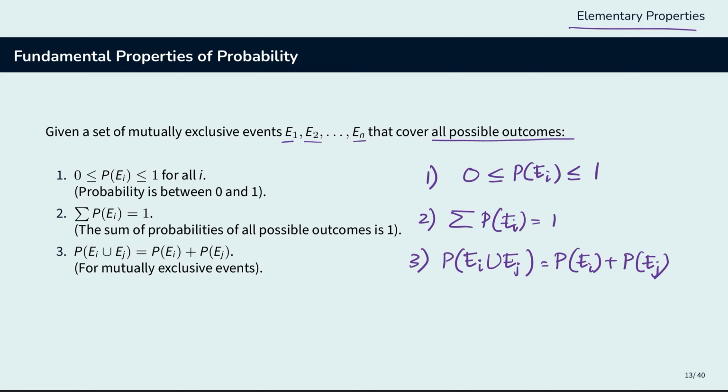The reason for this is that for mutually exclusive events, the probability of Ei intersection Ej is always equal to 0, because there is a null set.